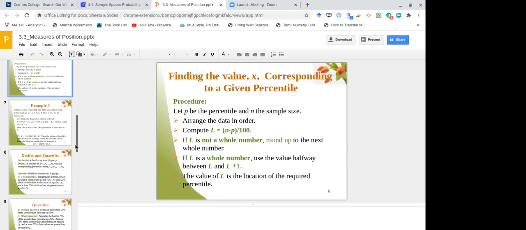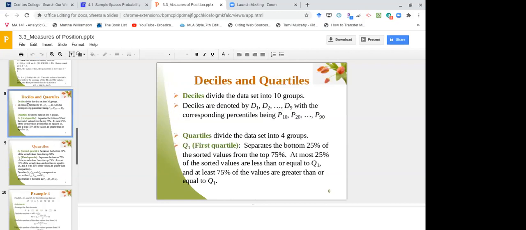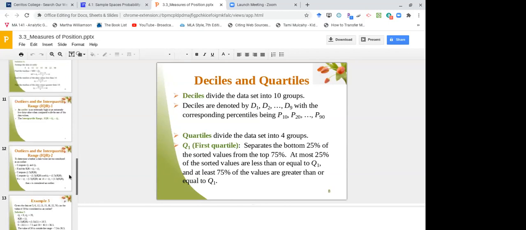So we have z-scores, we have percentiles, we also have quartiles, which are exactly what they might sound like, and deciles. Deciles divide the data into 10 equal groups, quartiles into 4 equal groups. And you have examples of this on the slides, but just be aware that that's what you're going to be looking for.